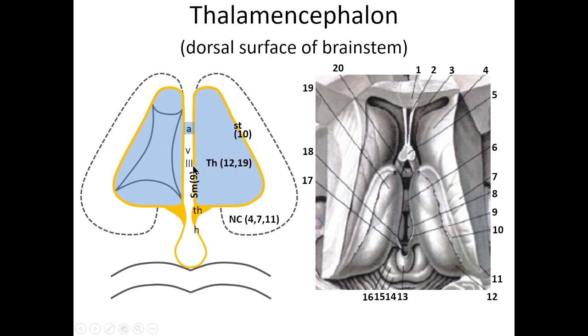Near the median plane, after fusion of stria medullaris and stria terminalis with each other, a flat triangular area called the triangle of the leash, or trigonum habenulae in Latin, designated as TH in our scheme, and number 16 in the photo, is formed.